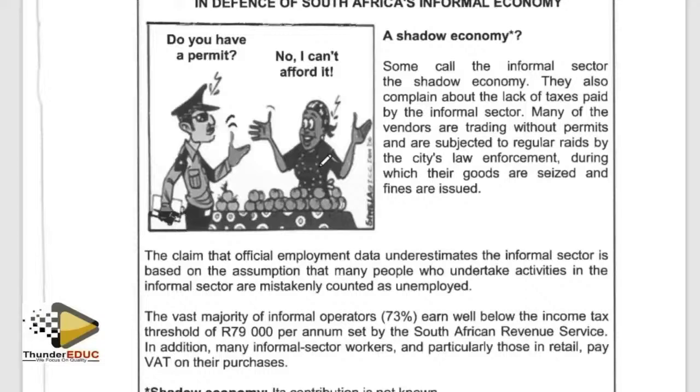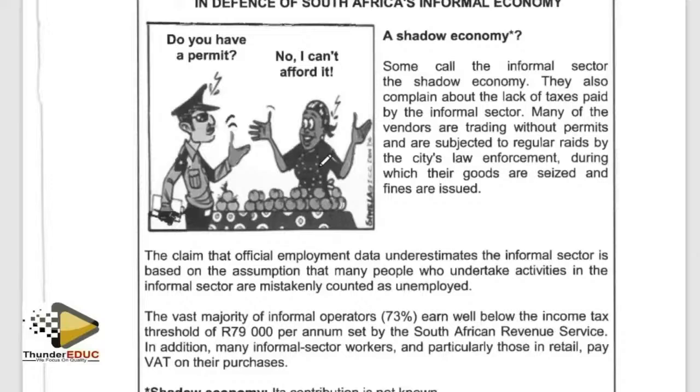They claim that official employment data underestimates the informal sector, based on the assumption that many people who undertake activities in the informal sector are mistakenly counted as unemployed, because there is no proper data.